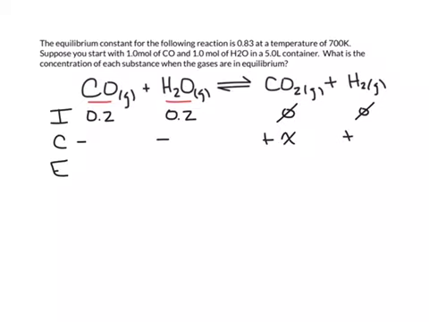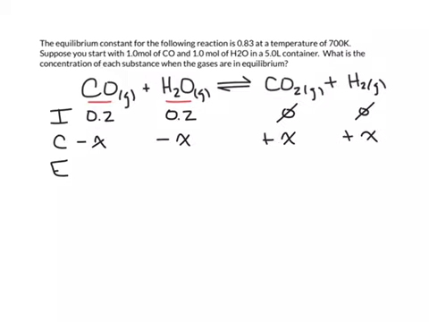Now this reaction is really nice because it's a 1 to 1 to 1 to 1 ratio. So if CO2 goes up by X, that means the H2 has to go up by X. It also means our reactants each have to go down by X. So 1 to 1 to 1 to 1 ratio, the changes are all the same value numerically.